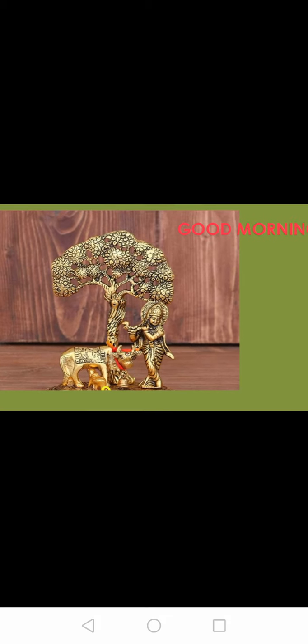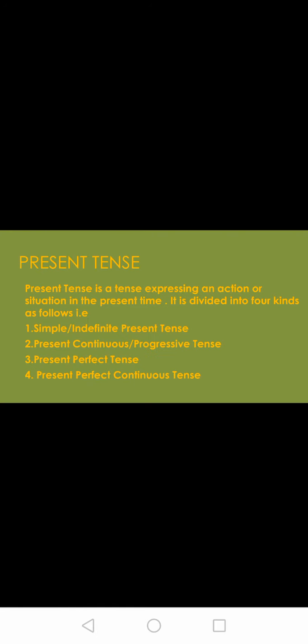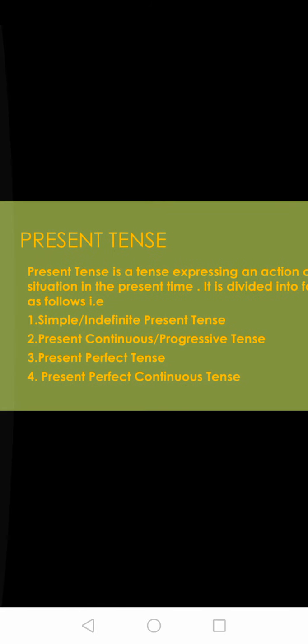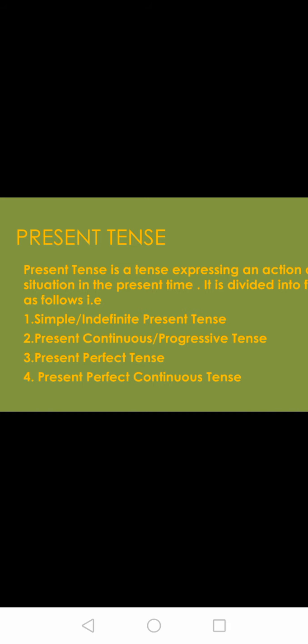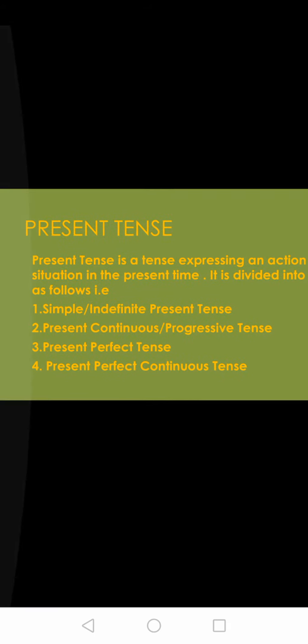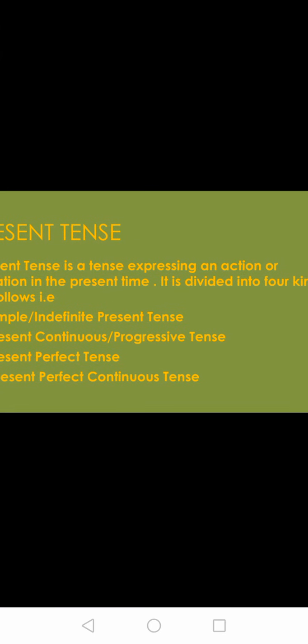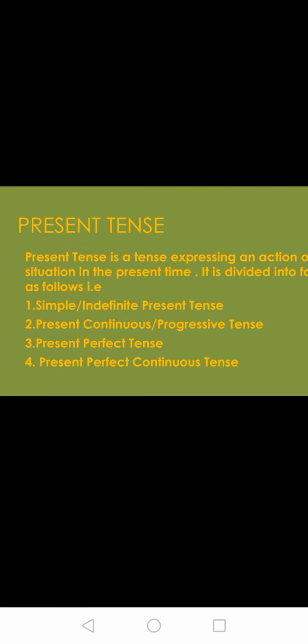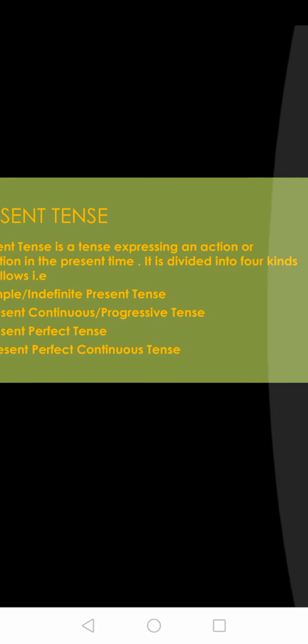So let us begin with our first, that is present tense. Okay. Present tense is a tense expressing an action or situation in the present time. Already we have seen that present tense expresses an action or situation that is going on currently, in the present time.